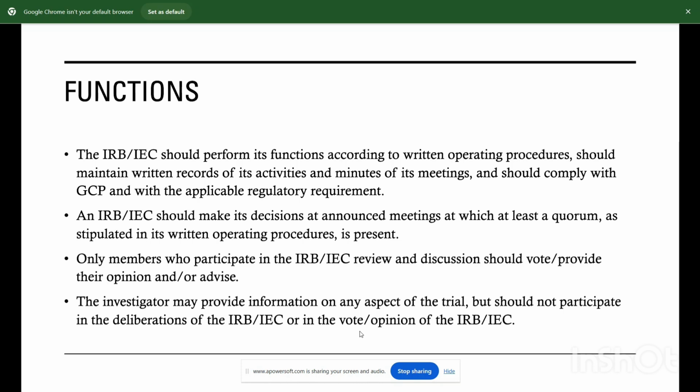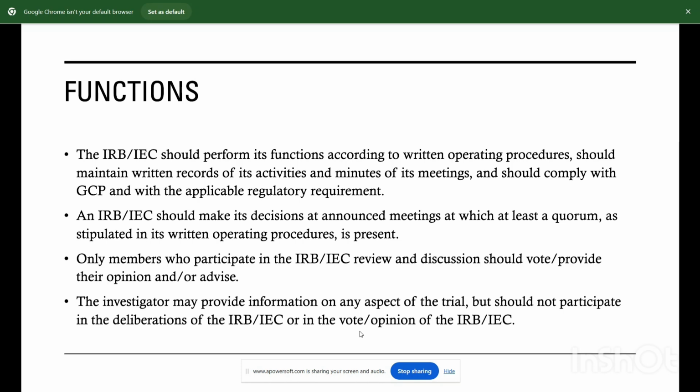For example, if a hospital is in India and has an ethics committee, then that EC should be registered under the regulatory authority of India. That is, under our CDSCO, the EC registration must be done.